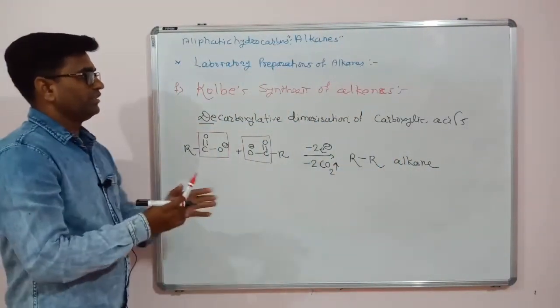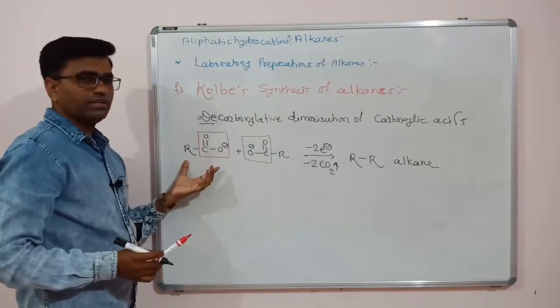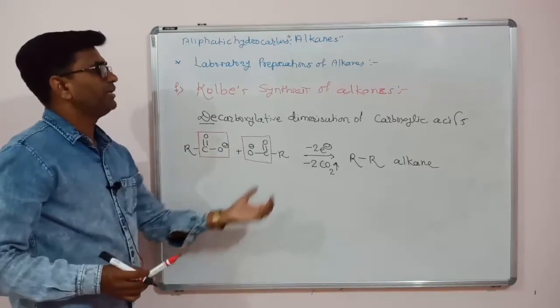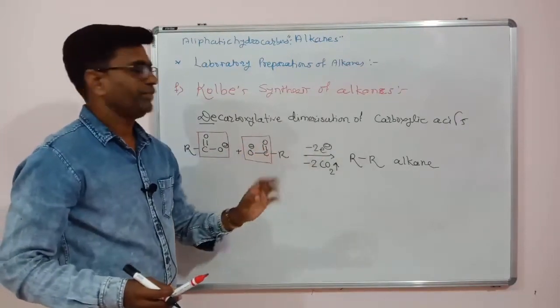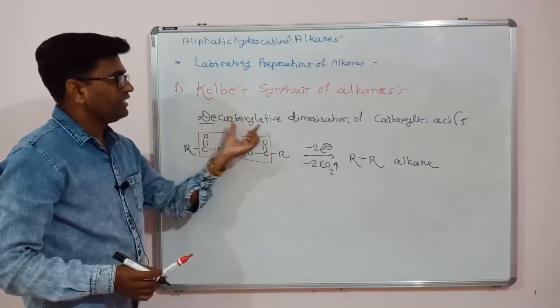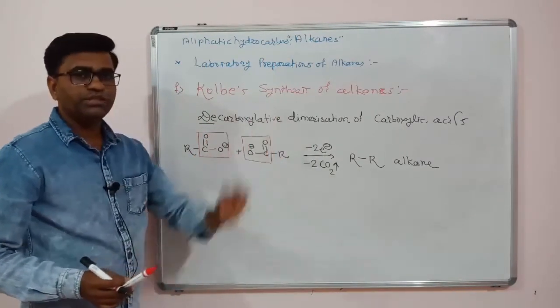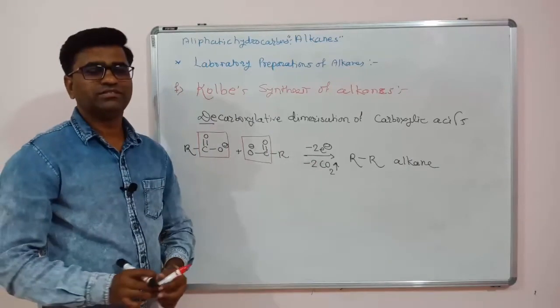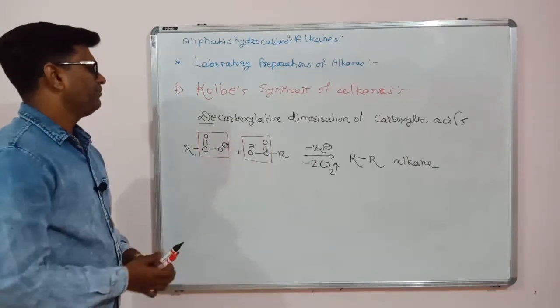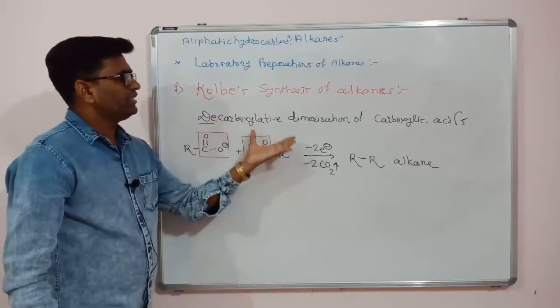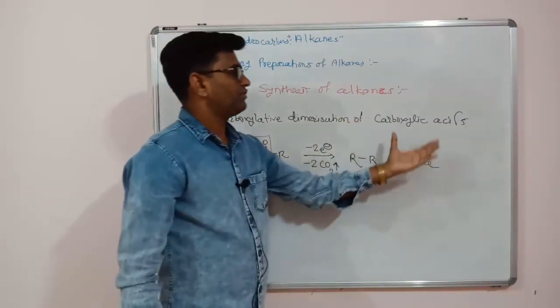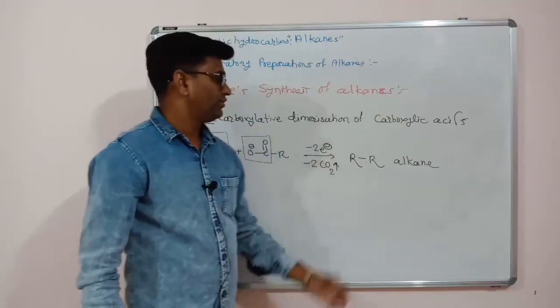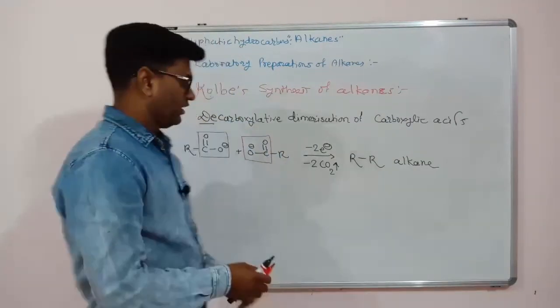So 2 molecules of the same compound combine with each other, forming a dimer with decarboxylation, meaning the carboxyl group leaves. This reaction goes via a radical formation mechanism. So this is decarboxylative dimerization of carboxylic acids to form alkanes.